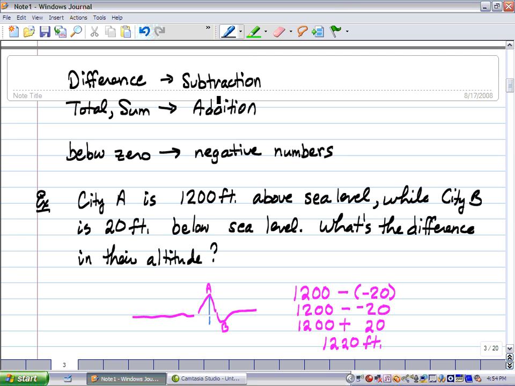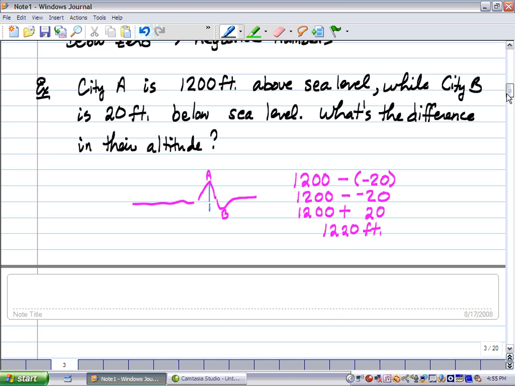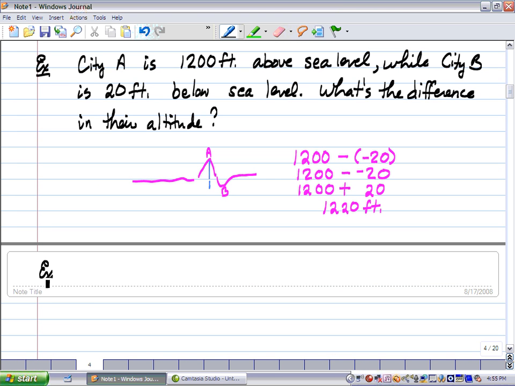Okay, so then what will happen if we want to talk about the total of something? So for example, Jay went to the horse races twice.